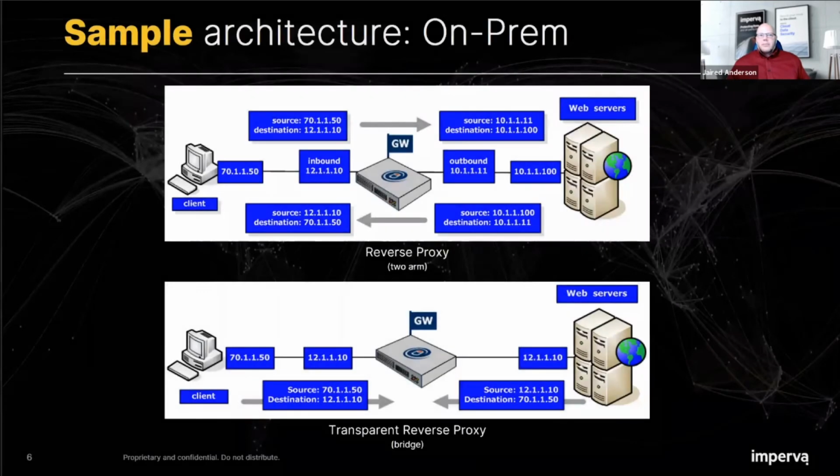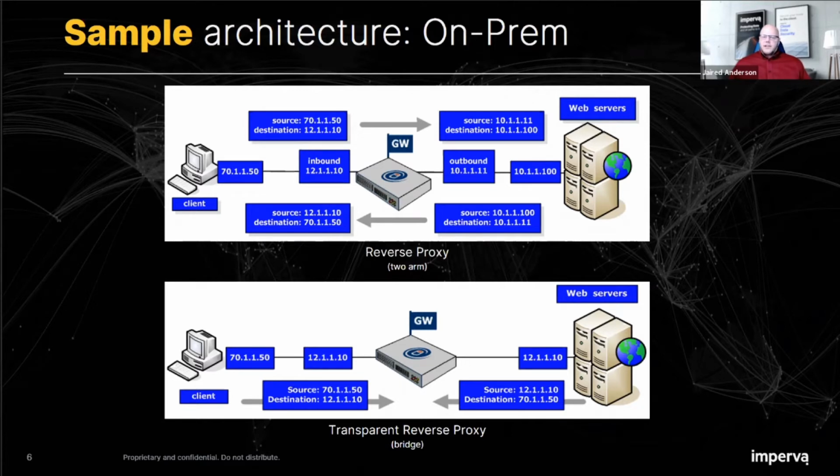we're going to talk about reverse proxy mode and transparent reverse proxy mode. So the reverse proxy mode can be a 1-arm or 2-arm or 1 leg or 2 leg, depending upon your nomenclature. It's typically a little more involved to deploy because routing is involved in that sense.